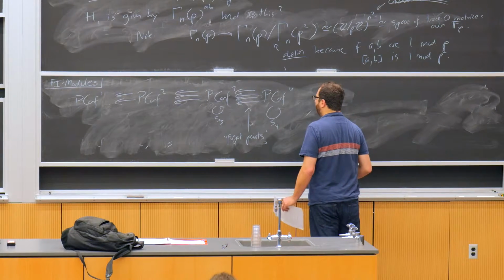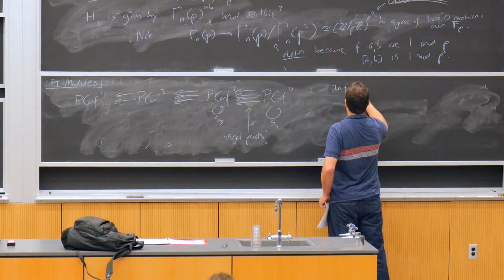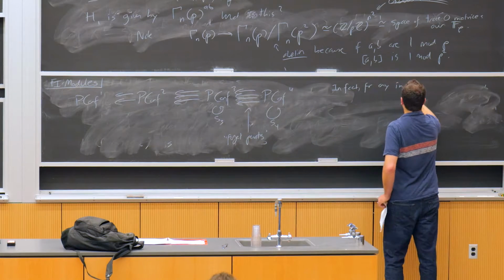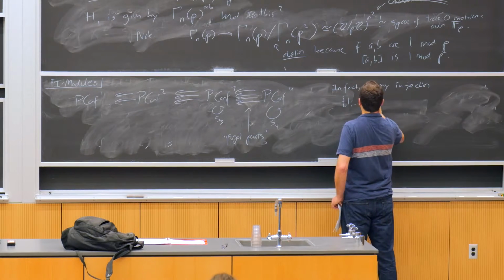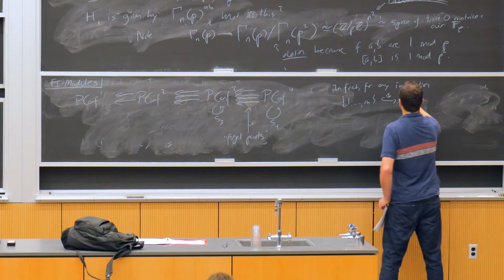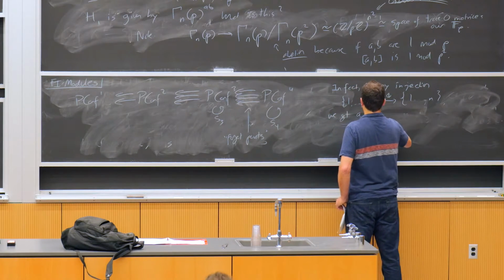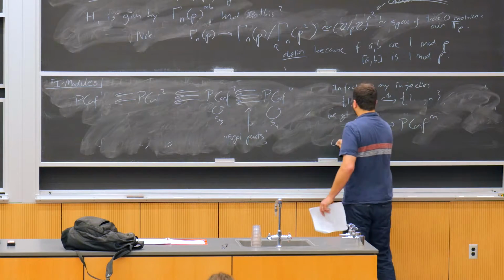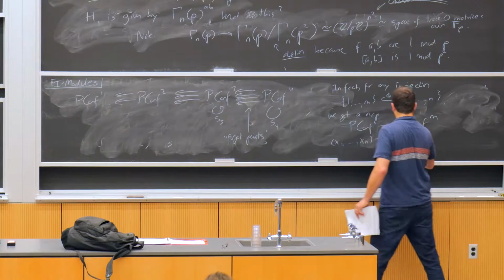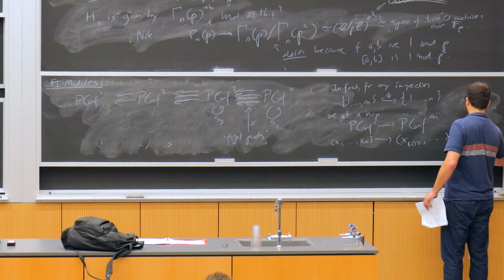So what this means is that, for any injection from the set of integers up to m to the set of integers up to n, we get a map from p conf n down to p conf m, which just sends x1 through xn to x phi of 1 through x phi of m.